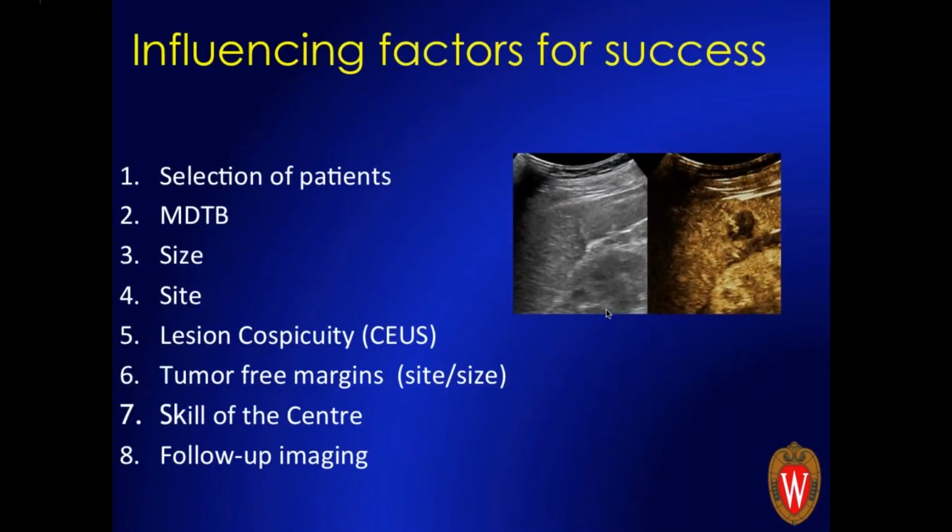The influencing factors for success are selection of the patient within a multidisciplinary team, size, site, lesion conspicuity, and for this reason we can use contrast ultrasound, tumor-free margins, skill of the center, and follow-up imaging. You can see that contrast ultrasound can be very useful to detect a small recurrence, like in this case, with this small button inside the necrosis of HCC, demonstrating a local recurrence.